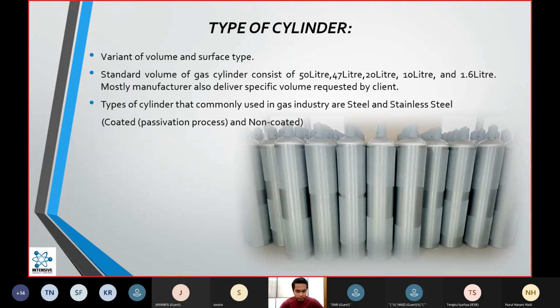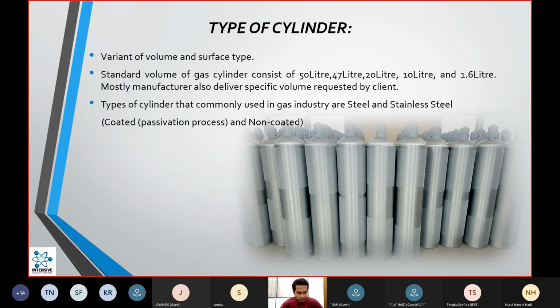So it depends on the gas. It is also to prevent corrosion on the inner surface of the cylinder. And the passivation process is also to maintain the quality of the calibration gases when we mix the gas inside the cylinder.